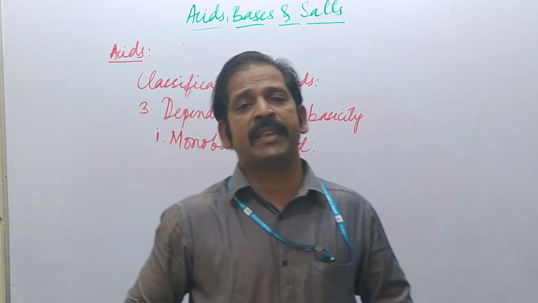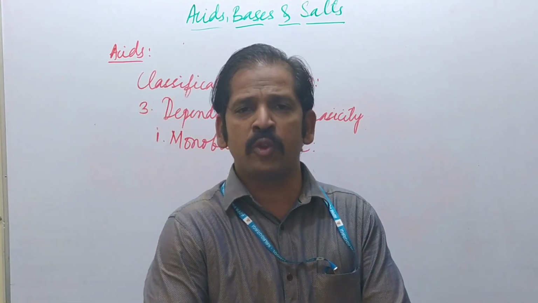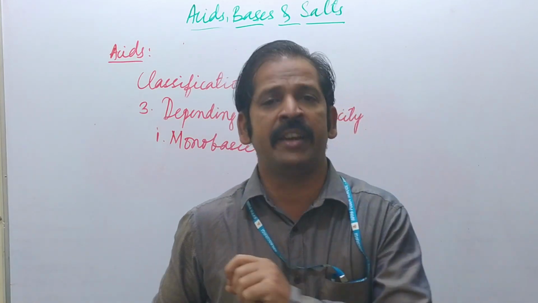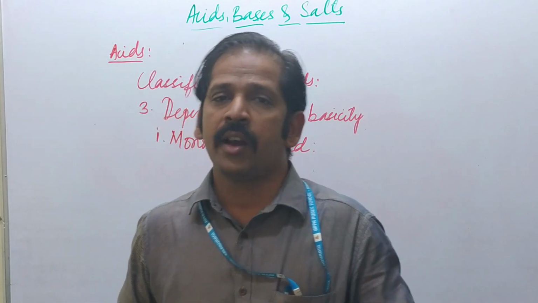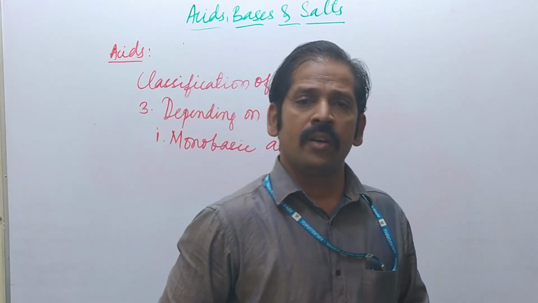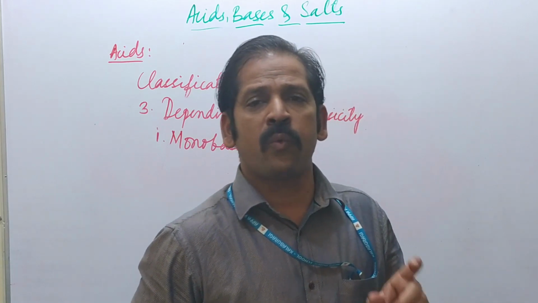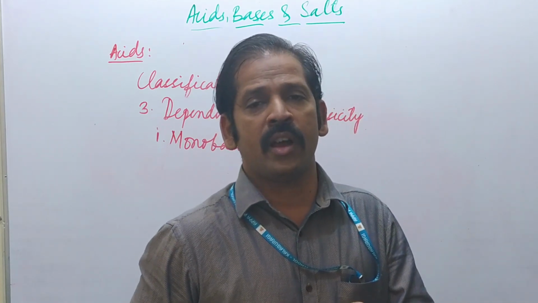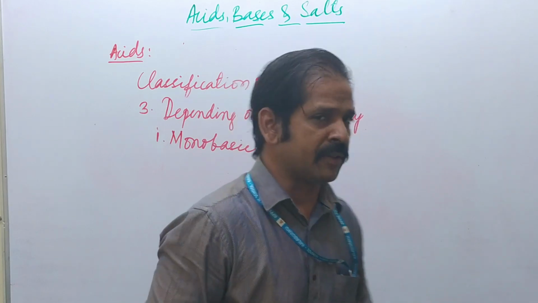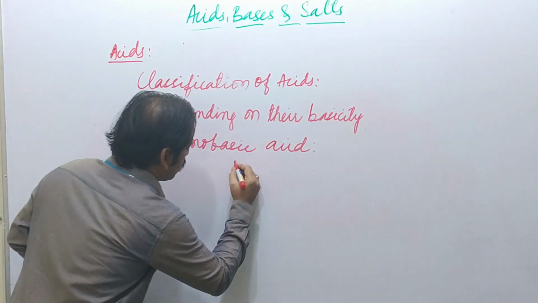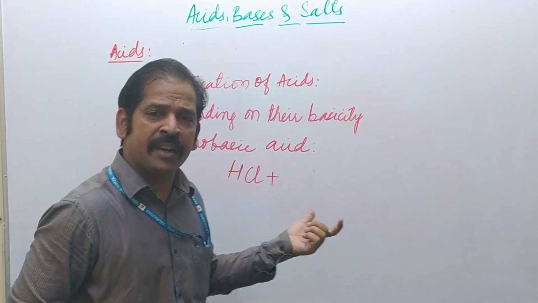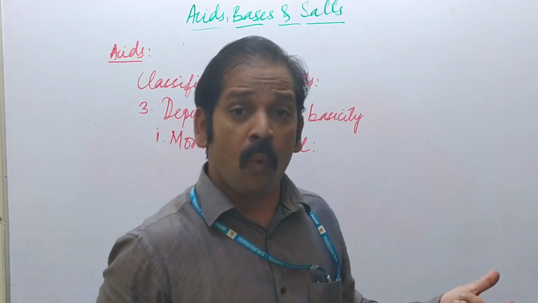In monobasic acid, I repeat, what happens? Hydrochloric acid, HCl, reacts with water to form a hydronium ion and one more anion.